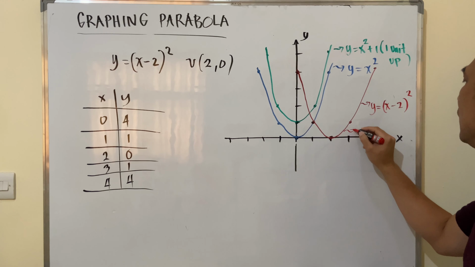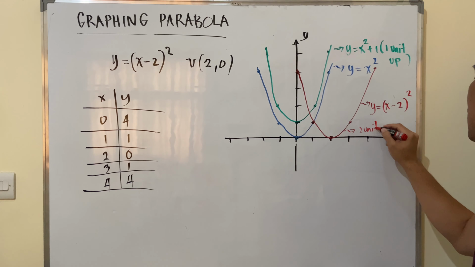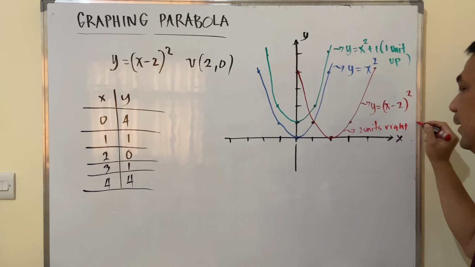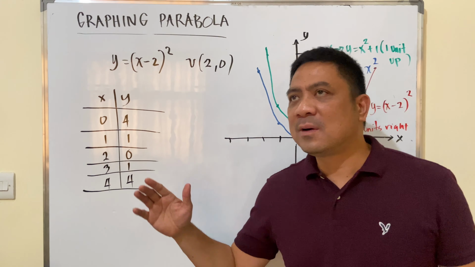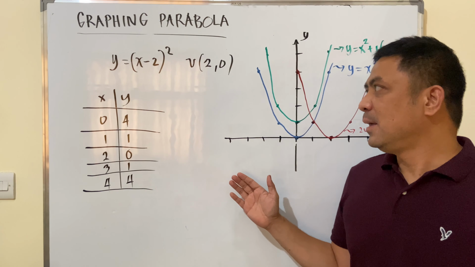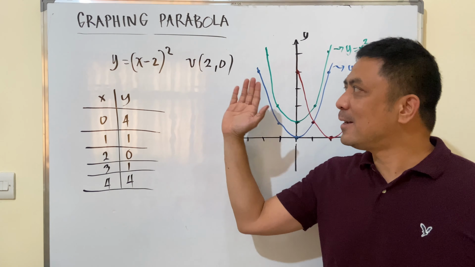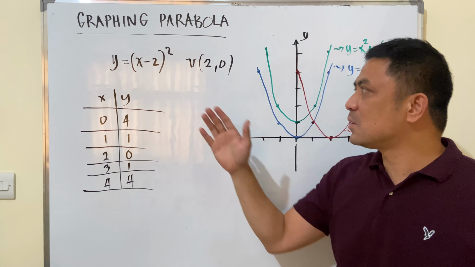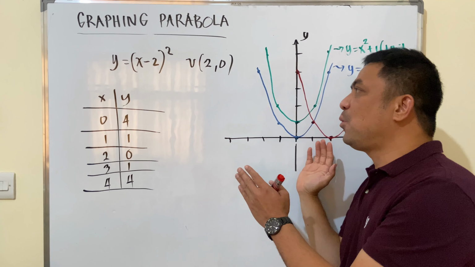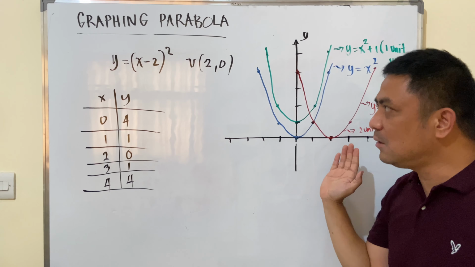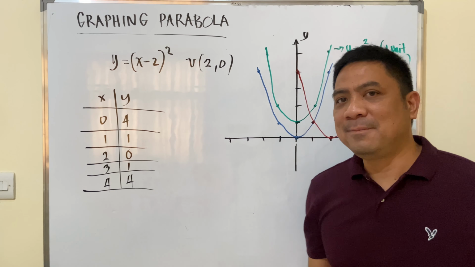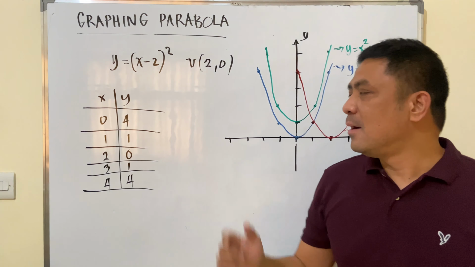So basically we always go back to our parent parabola, with the addition of some values, so we know how to shape our parabola. It's either shaping up or shaping down, right or left. It depends on the nature of your function.